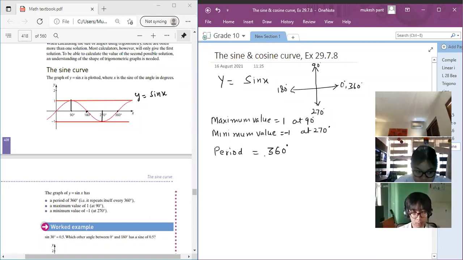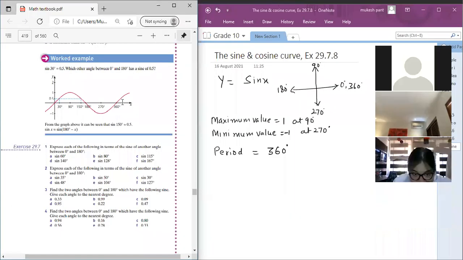And period is 360. Period means the property of the curve, the cycle from which it repeats itself. So from 0 to 360, after 360 it shows the same property as it had at 0. Is it clear?